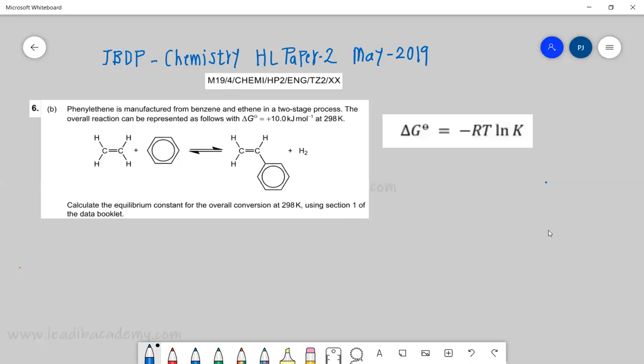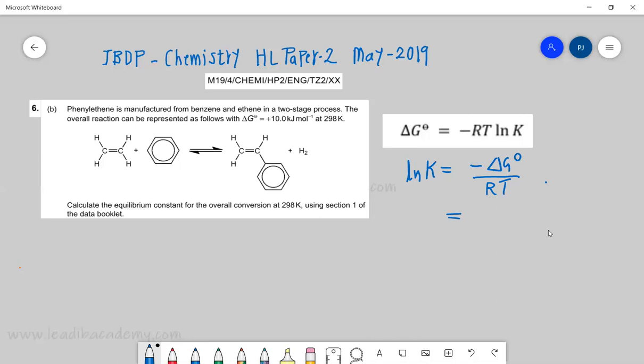Simple. So they are asking us to calculate the equilibrium constant. From this, ln K is equal to minus delta G naught upon RT. Now let's start putting in values. Delta G naught is given as 10 kilojoules.